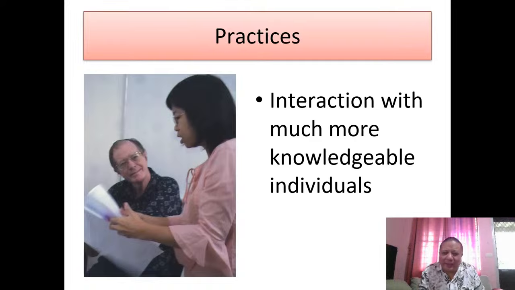Another practice of CLT is interaction with much more knowledgeable individuals. So again, you go back to Lev Vygotsky here, and you remember my illustration about my mom, who was also an English teacher in PNU, and she and her colleagues learned English through textbooks which did not contain the English word for aray.